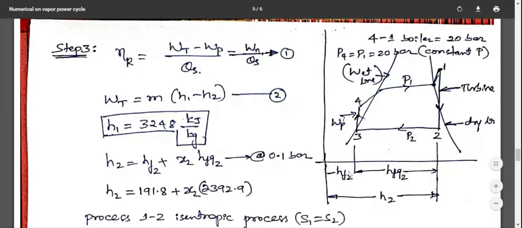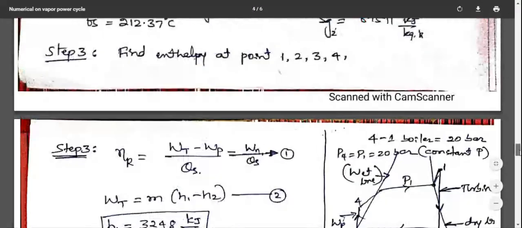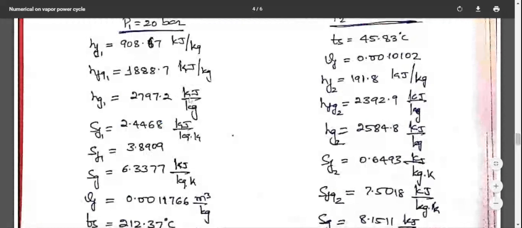So from here to here it is HF2, because it is a water region. Enthalpy of fluid at point number 2. That is our second pressure. Similarly, between these two, saturated liquid line and saturated vapour line, we will take the enthalpy of the mixture of both fluid and gas, that is HFG, at pressure 2, and we are taking from point number 2 also. So here HF2 already we have written; we have taken data from the steam table book, that is HF2.